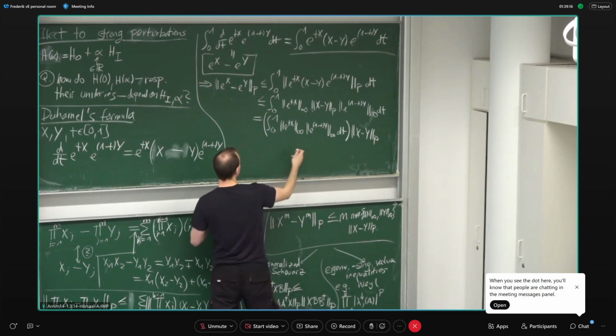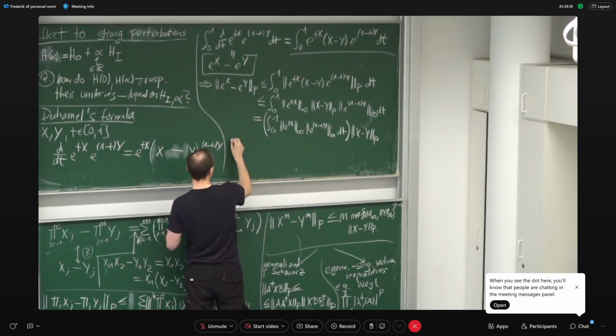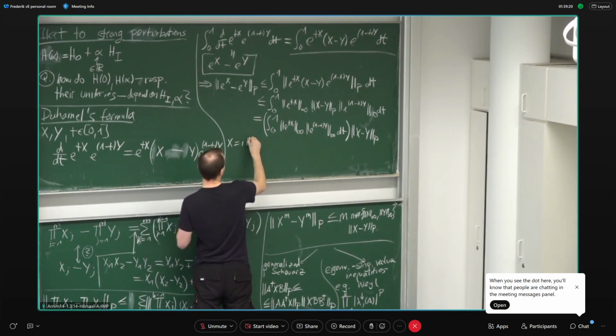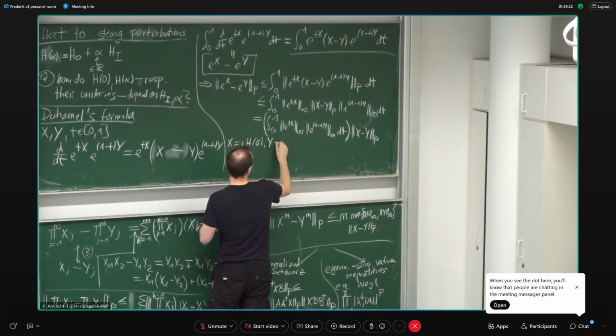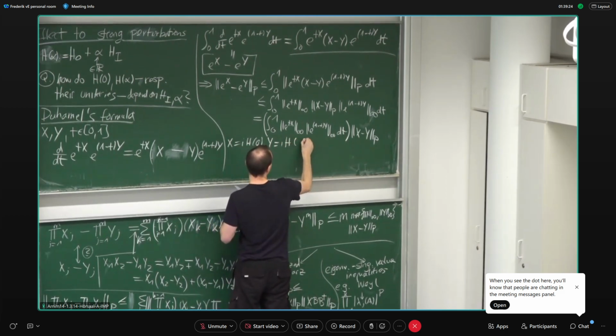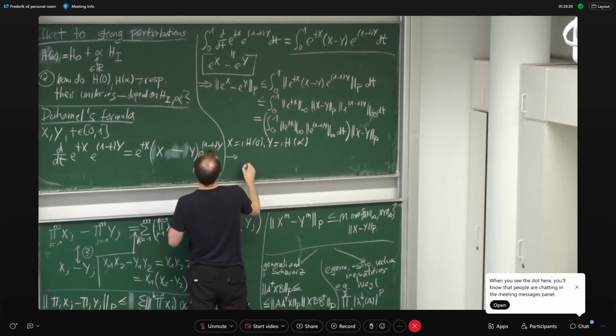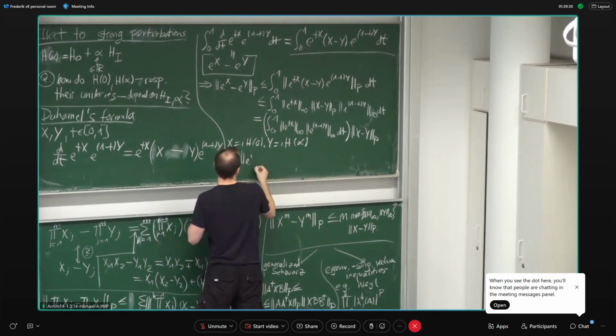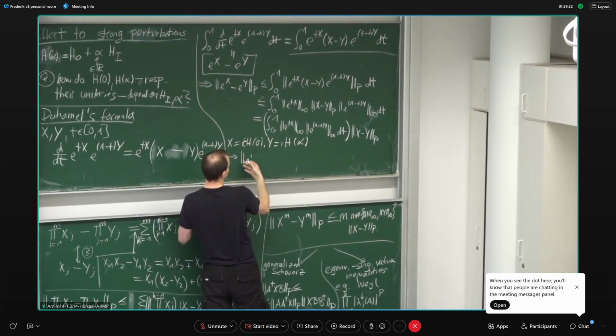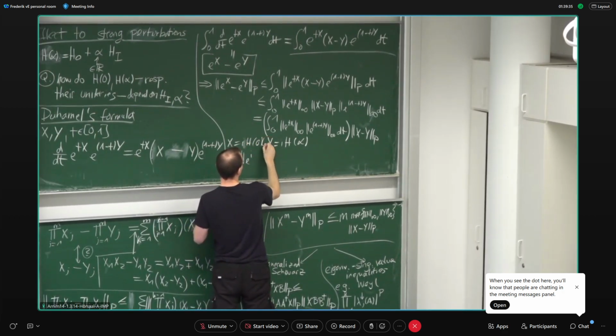So this whole thing is 1. And actually, if we want, we can also plug in a time parameter here. Doesn't really change anything.